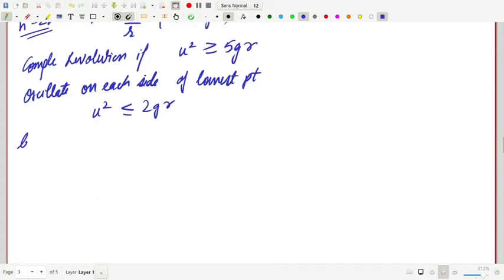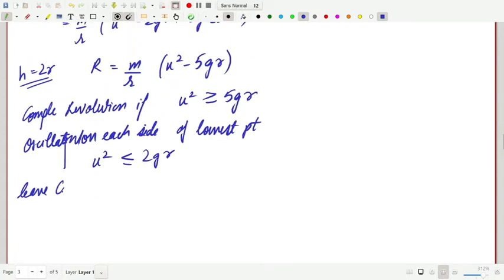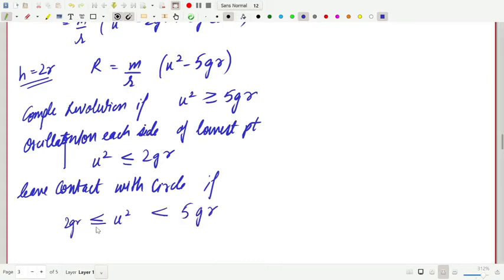It will leave contact with the circle if u square is in between 2gr and 5gr.